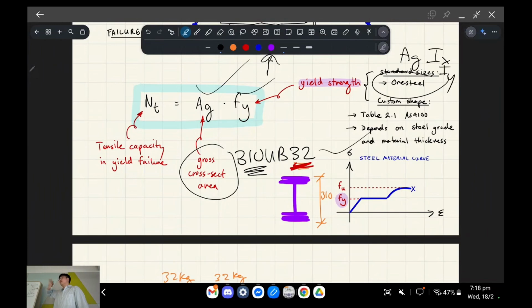So when you get all these standardized products, the advantage is you don't have to pull out your notes from solid mechanics and calculate the moment of inertia, because it's already pre-calculated for you. They've already determined all these properties based on these sizes. So it makes it very quick for structural engineers to say, okay, we're going to use a 310 UV 32, and these are its properties, and let's see if it can withstand loads. That's the way it works.